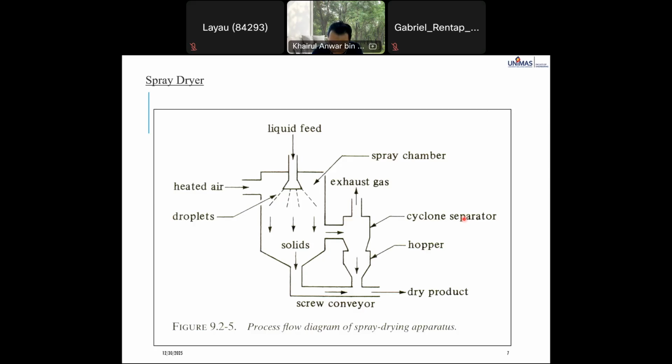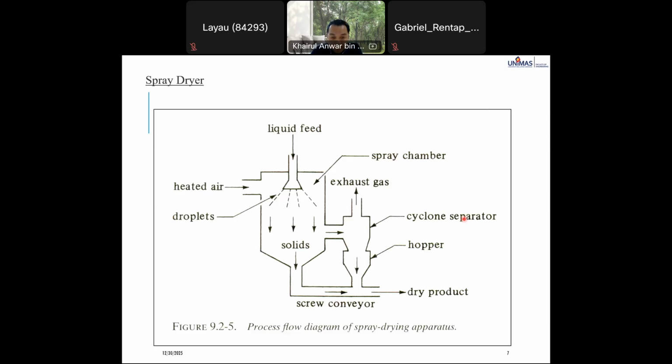So although the liquid is the same, it's coffee, the taste will be different. The water is rapidly vaporized from the droplets, leaving particles of dry solid which are separated from the gas stream. The flow of gas and liquid in the spray chamber may be countercurrent, co-current, or a combination.